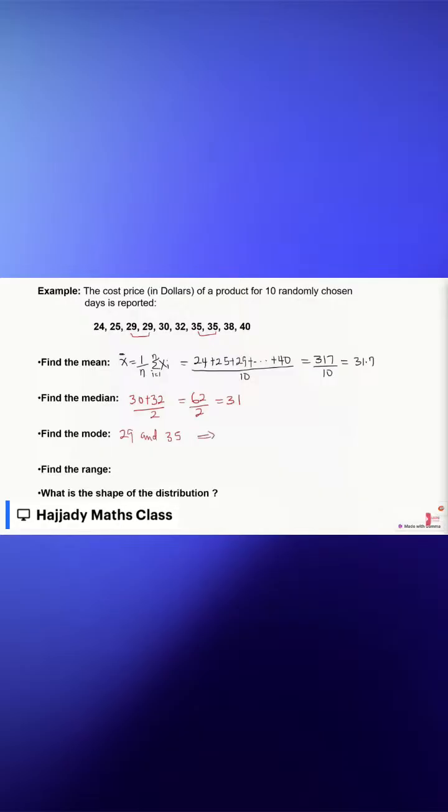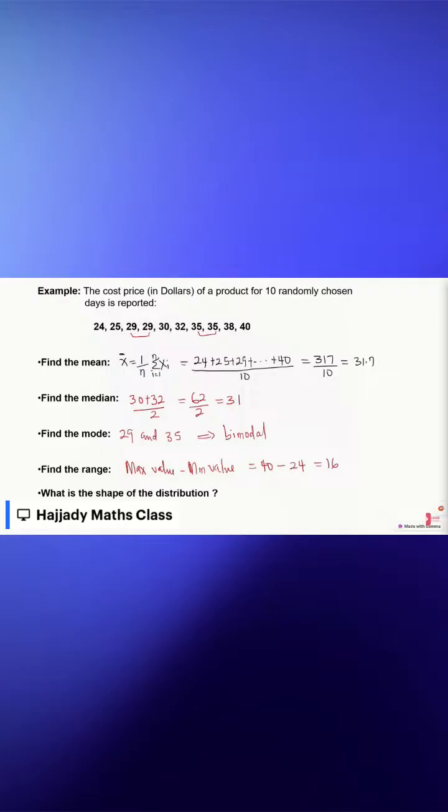And from the previous video I did, I told you when you have two modes, this is the same thing as bimodal. The fourth one is to find the range. From the definition, the range is the maximum value minus the minimum value. So here, the maximum value is 40, the minimum value is 24. So the range of the distribution is going to be 16.